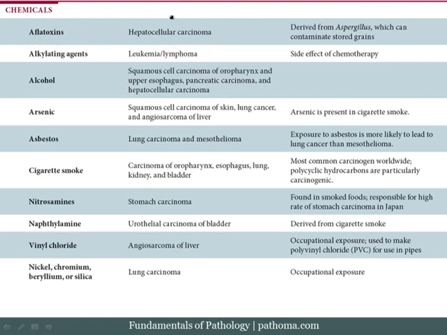The next chemical are alkylating agents, and alkylating agents, they increase the risk of leukemia and lymphoma.